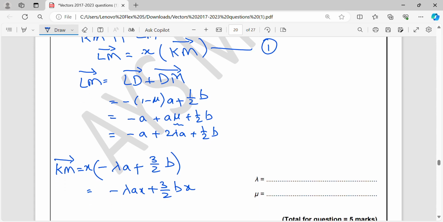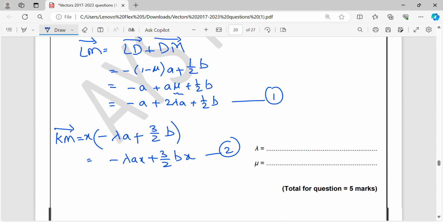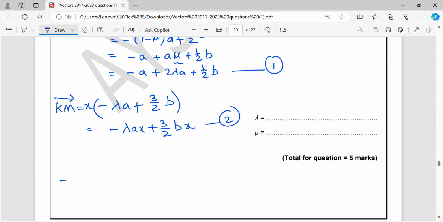Let's equate 1 and 2. So minus a plus 2 lambda a plus 1/2 b equals minus lambda ax plus 3/2 bx. Equate a with a and b with b.